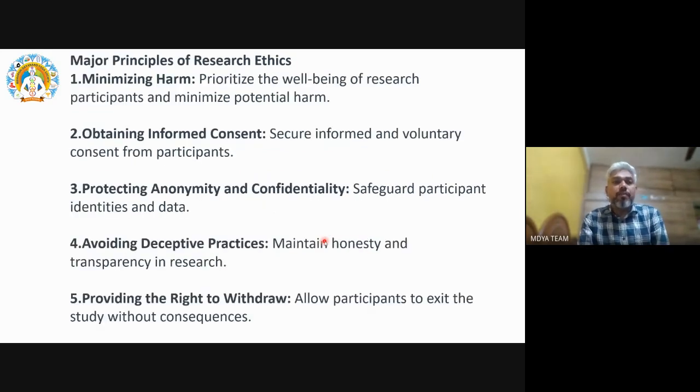Now there are five major principles of research ethics. What are these? First is minimizing harm. It is towards the participant. Prioritize the well-being of research participants and minimize potential harm. This is basically in medical science, where people test some medicine on participants or some animals.